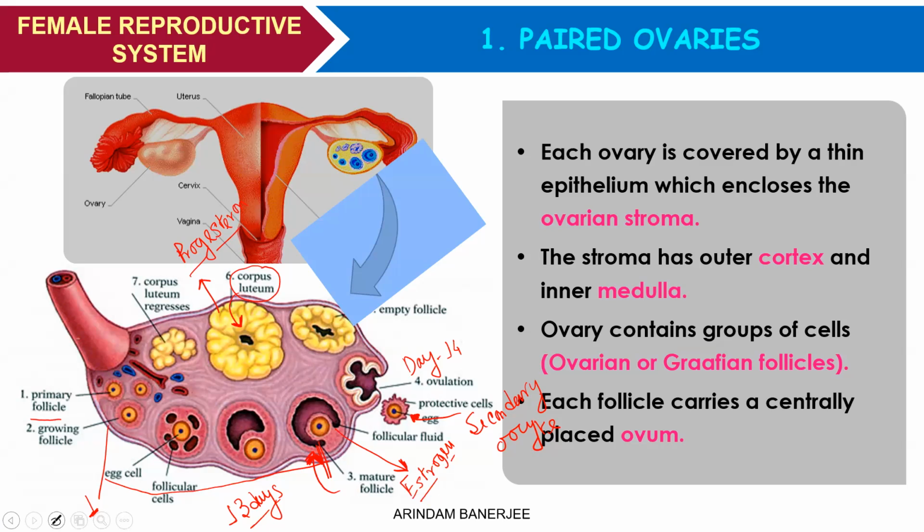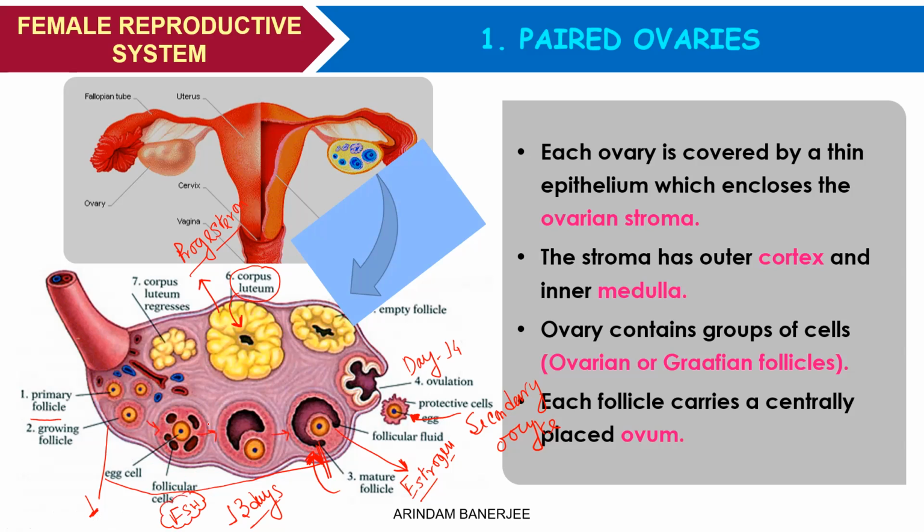If I take day 1 to day 14, then day 1 to day 13 is the development of the follicle. In that stage, this is the follicular development: primary to secondary, secondary to tertiary, to mature Graafian follicle. As I discussed elaborately, in that stage FSH secretion is higher, because follicular development is held by the follicle stimulating hormone.